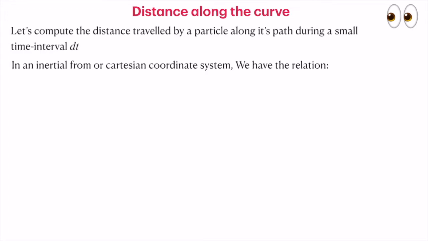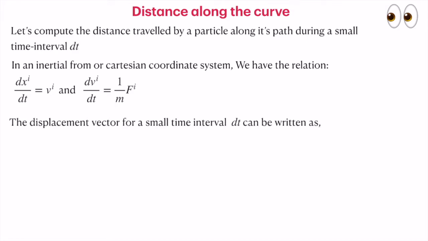In an inertial coordinate system, the relation is basically written as dx^i/dt = v^i, and the equation of motion dv^i/dt = (1/m) F^i. On the other hand, if it is not an inertial frame, then the equation of motion can be obtained from the Lagrangian equation of motion.